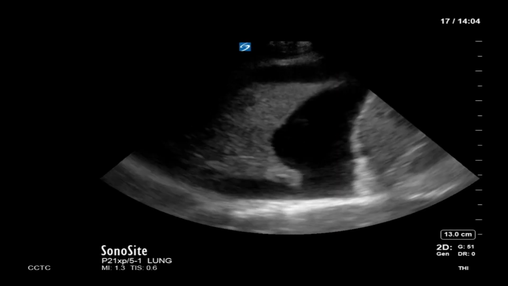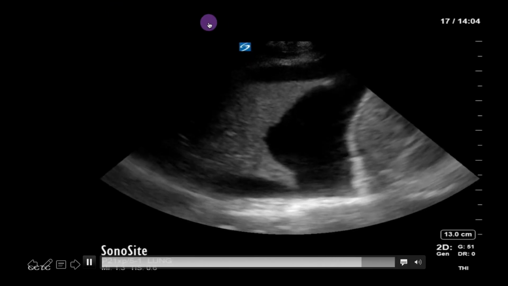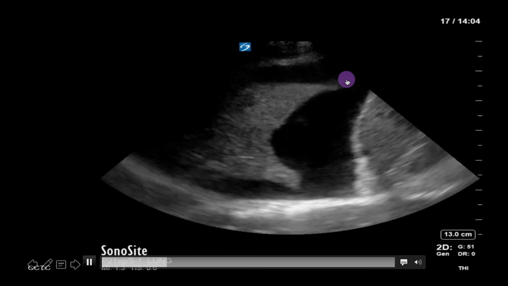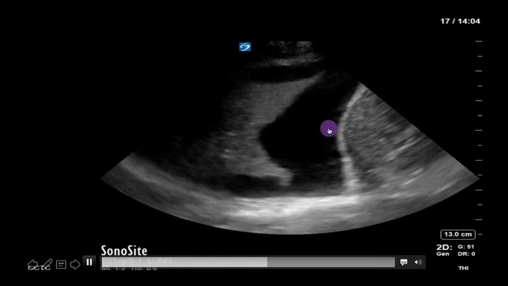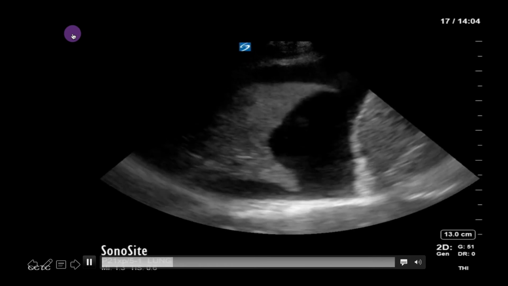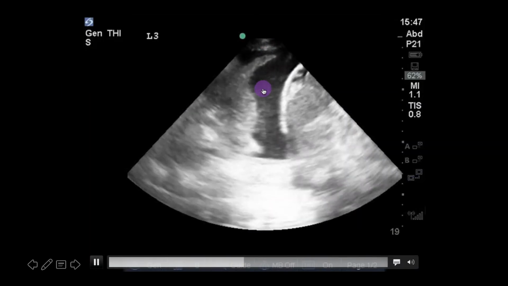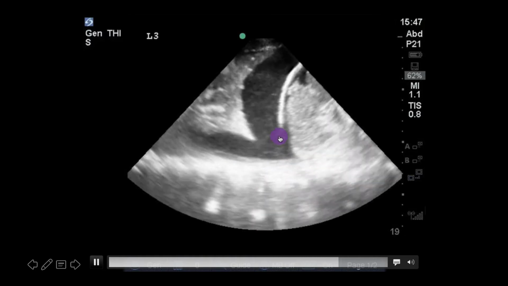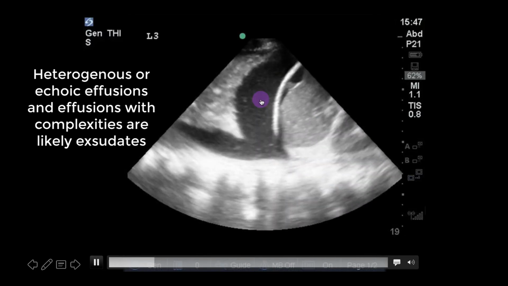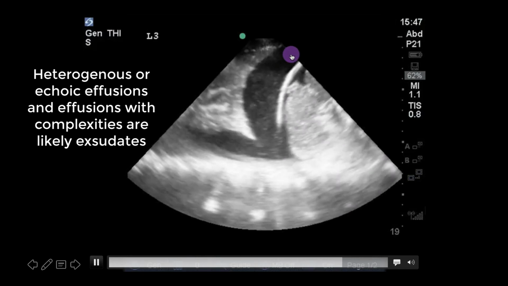Apart from size and location, it is also important to note the echogenicity of the fluid. Most effusions will be transudates and will appear anechoic, or black. Exudative effusions will generally be hypoechoic or, less commonly, isoechoic or hyperechoic.